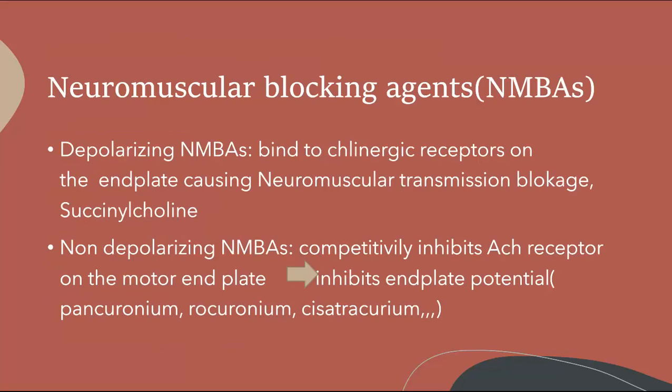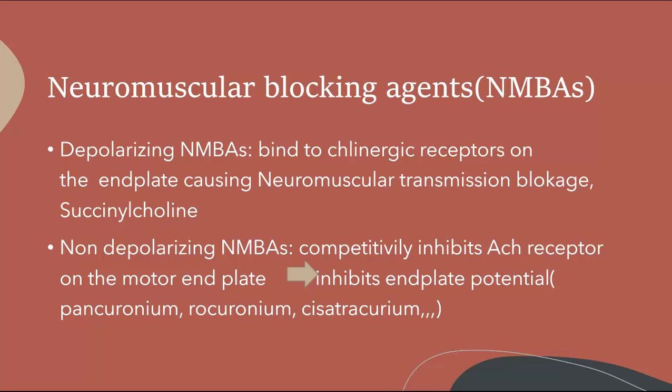Another thing, we're going to talk about neuromuscular blocking agents, because we see it a lot, even in St. Mary, nurses push, okay, let's start the patient on neuromuscular blocking agents. As you see here, we have two types: depolarizing, which works by binding to the cholinergic receptor on the end plate, causing neuromuscular transmission blockage, and the most common drug, succinylcholine, is mostly used for intubation.